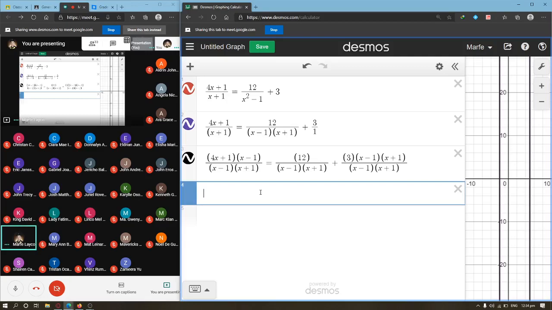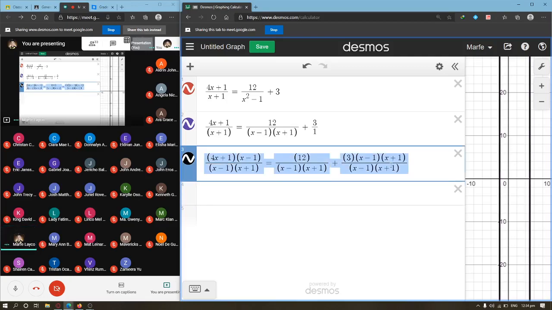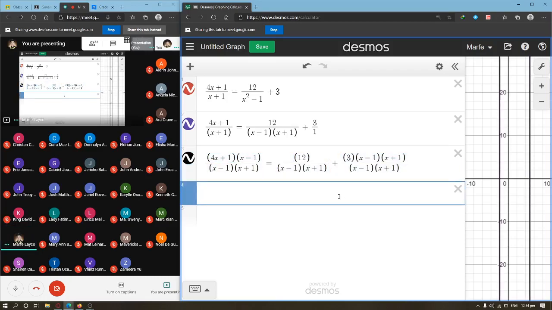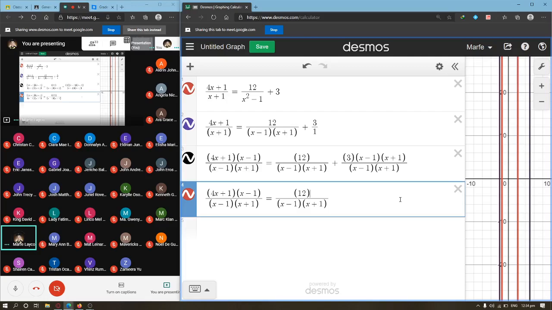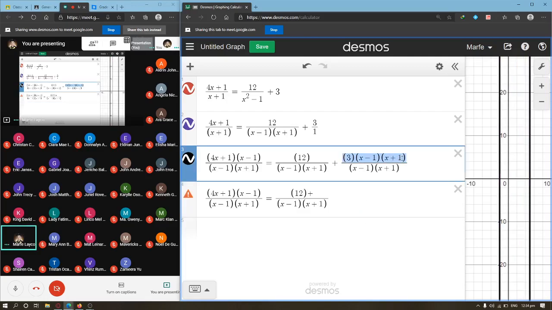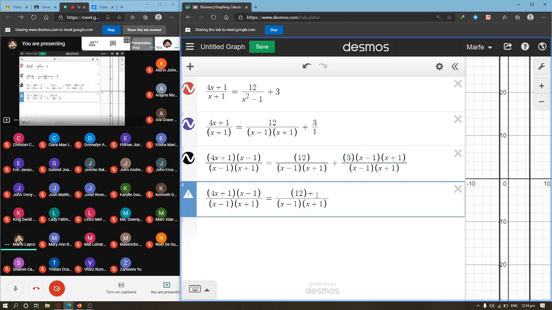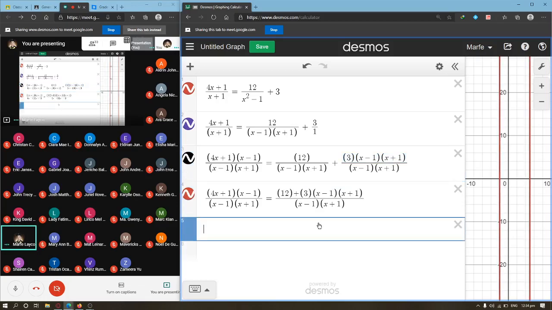It is 4x plus 1. Ito. Control C, Control V. And then, pagsamahin na lang natin ito. Magiging siyang plus 3 multiplied by x1. Okay. Ganyan siya.